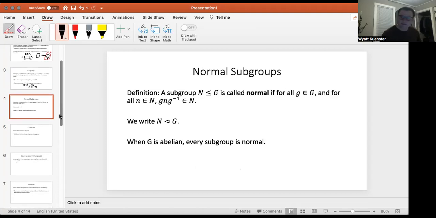We have special types of subgroups for groups. They're called normal subgroups. We'll see that we need these later to define quotient structures on groups. But for now, you can just think of them as an extra special type of subgroup.